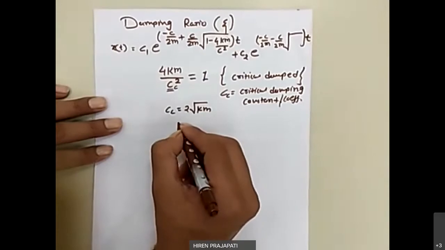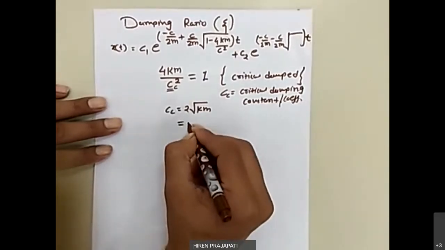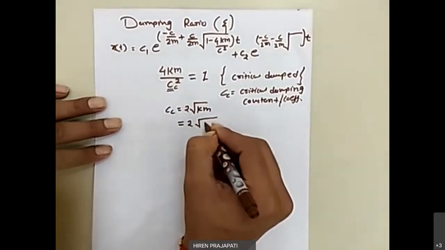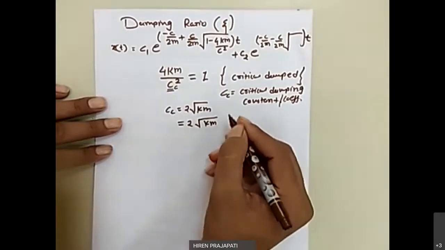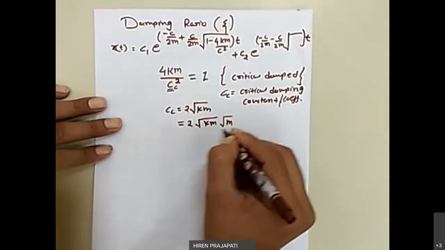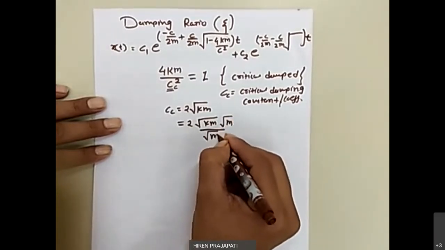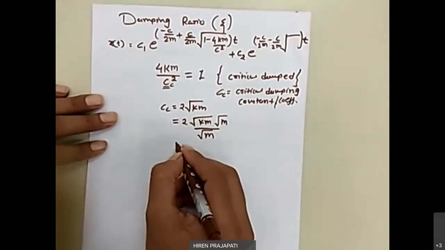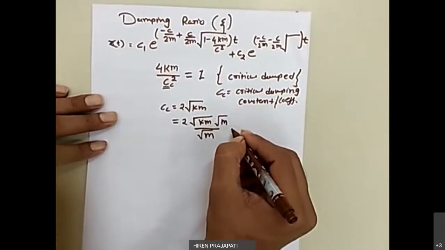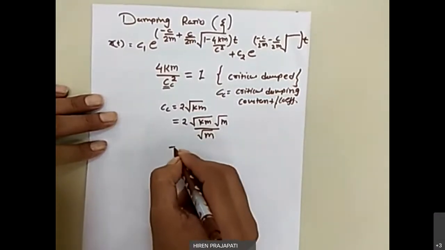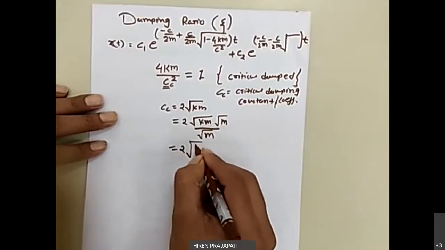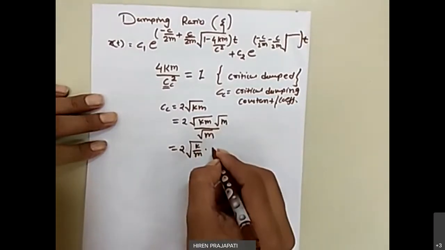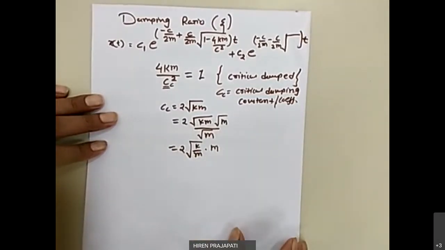Or I can also write this as 2 square root k by m, if I multiply and divide by square root m, right? Then what we get here: 2 square root k by m into square root m into square root m, then we get m only, right?